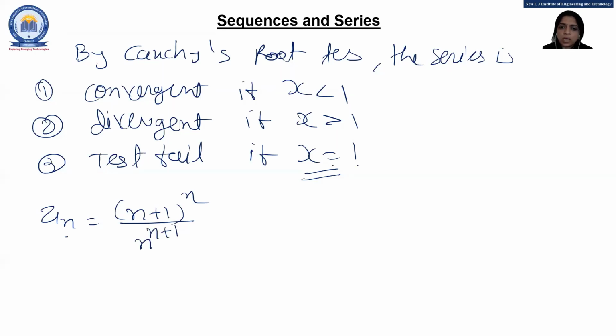Now I am going to check for x equal to 1. So I am writing this nth term as (n plus 1) whole raised to n upon n into n raised to n.